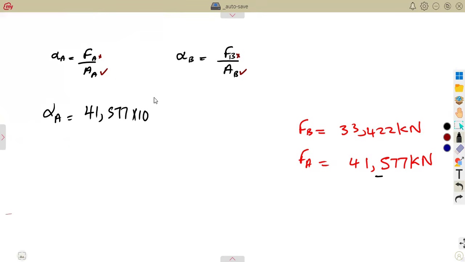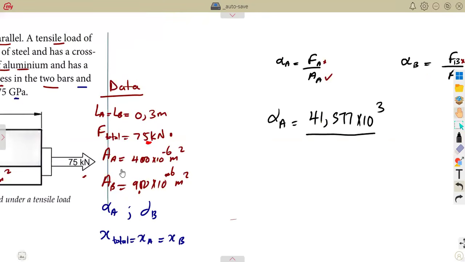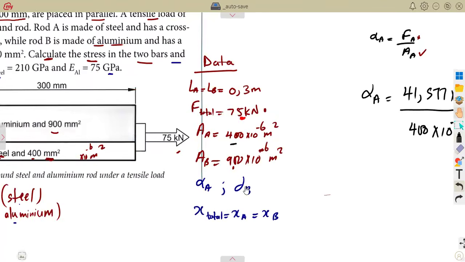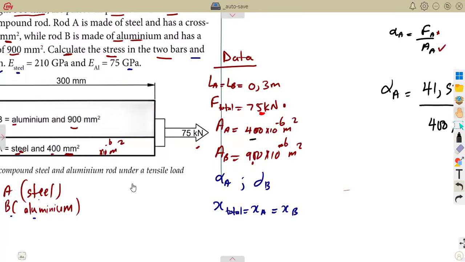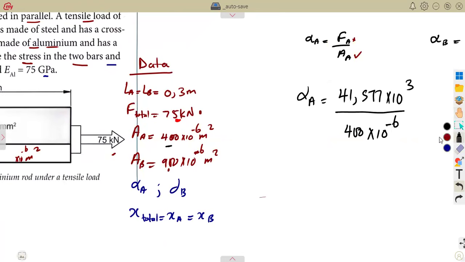41,577 times 10 to the exponent of 3 over the area at A. Our A, its area was what? That is 400 times 10 to the exponent of minus 6. Remember, A represents the steel, so this is the stress affecting the steel. Okay? So just like that.